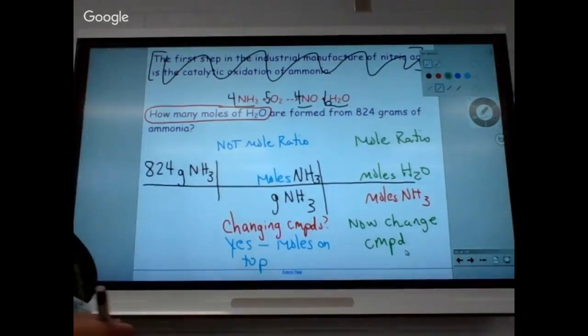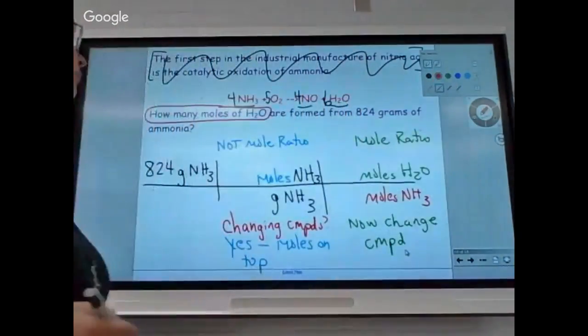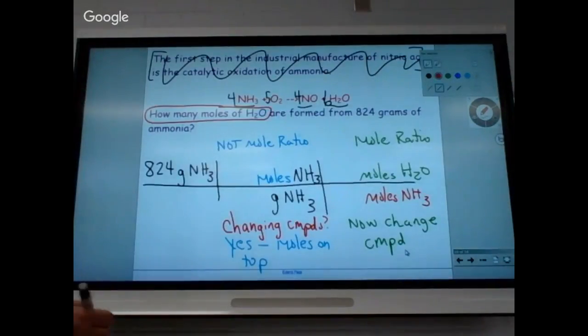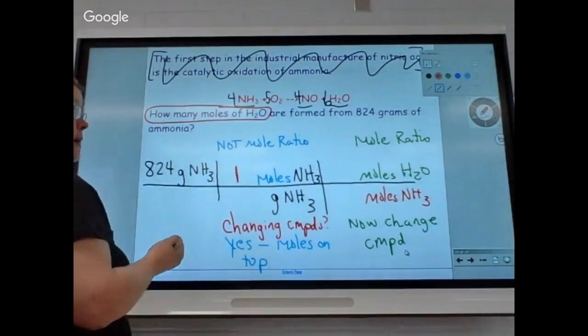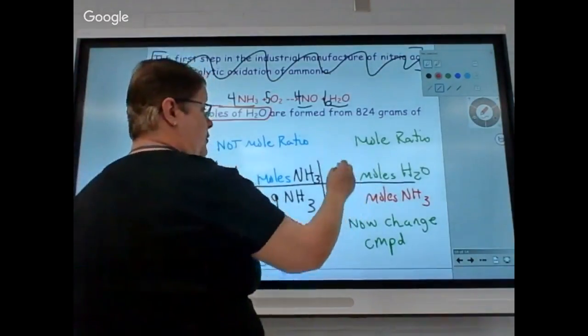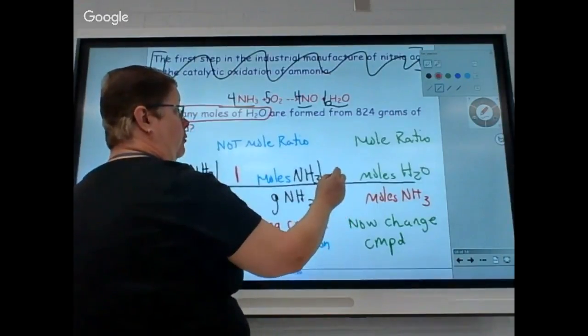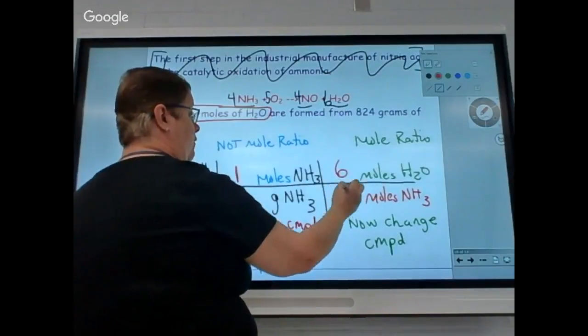So now, what goes beside moles of NH3? Right here. 1. That's my 1. This is my mole ratio. So what goes beside moles of water? My moles of ammonia here. 4.